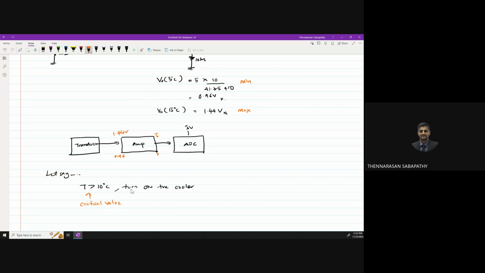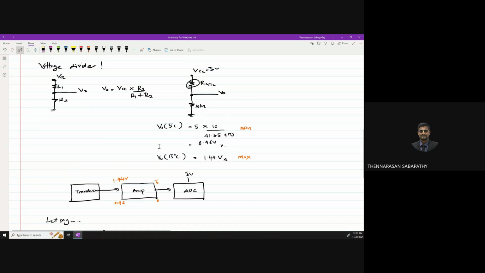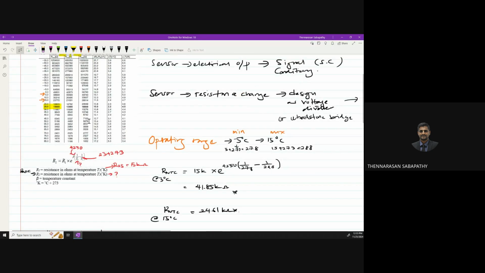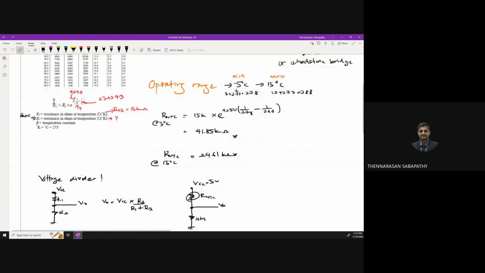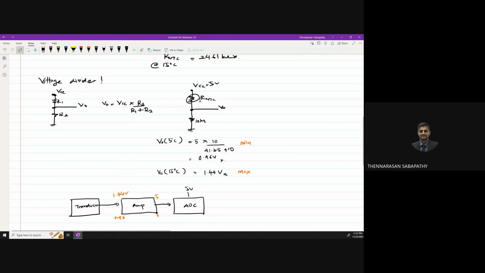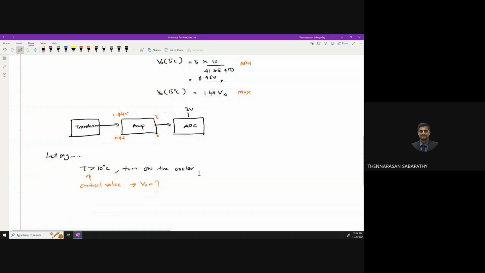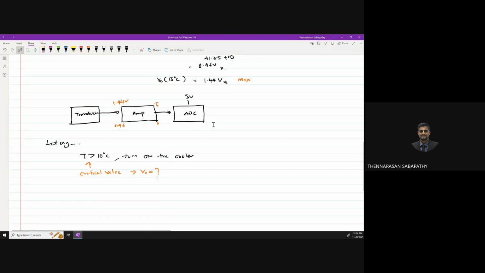You need to calculate V out for this one also. So you have to go back and find the R NTC at 10 degrees Celsius, substitute it here and get the voltage. Then only you can do something with your programming later.